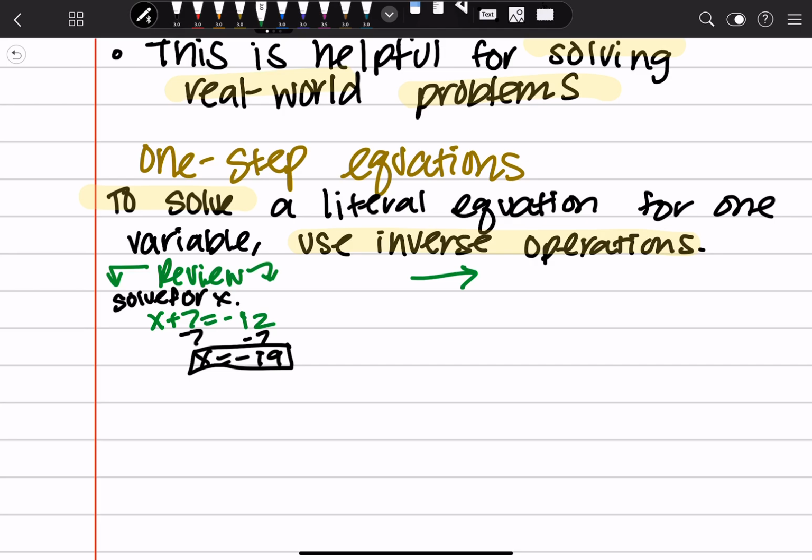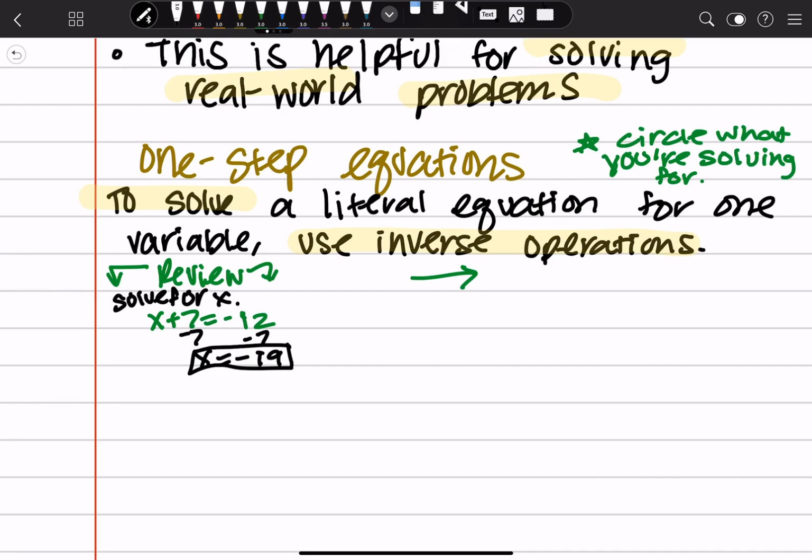And here's a quick little hint that I want you to write down. I want you to circle what you are solving for. This is super duper helpful when we're working with literal equations.